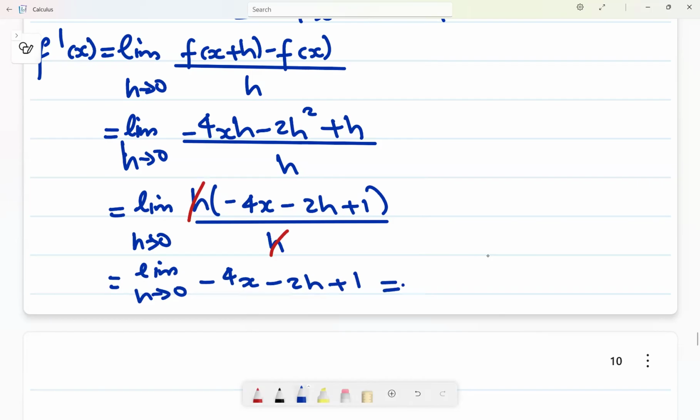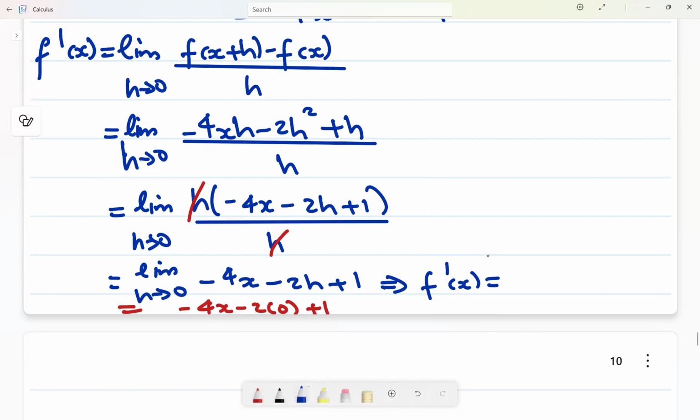Therefore, this implies that f prime of x is equal to, when I substitute h is equal to 0, negative 4x minus 2 into 0 plus 1. So this is the answer.